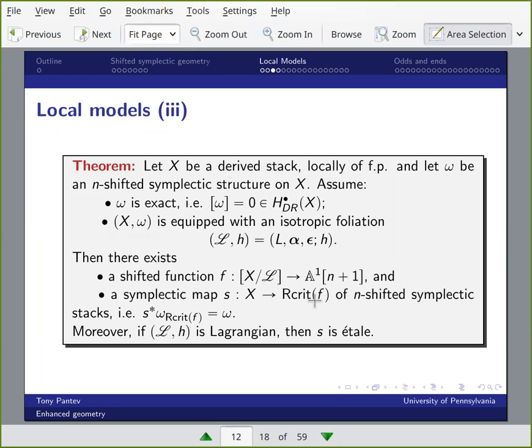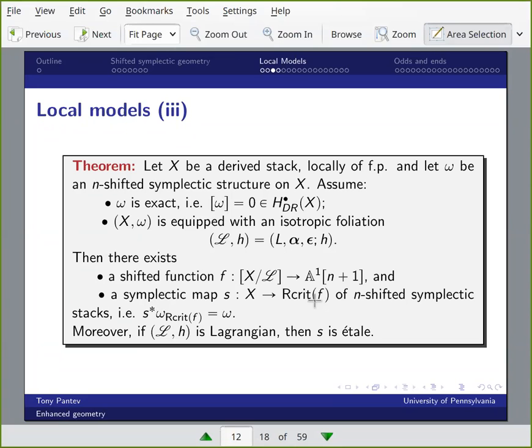And if you're doing this locally, then you would want your foliation to exist locally, and foliations always exist locally. So you can actually prove the Ben-Bassat, Brav, Bussi, and Joyce theorem in the Artin stack situation this way, locally, by just noticing that Lagrangian foliations always exist locally.